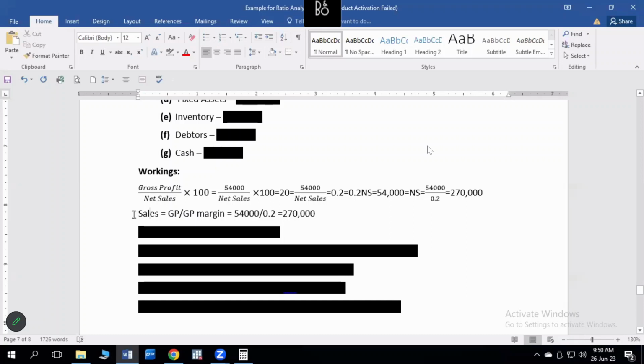So this is simply obtained like this here. Sales is gross profit over gross profit margin. So it is obtained in this way from the original ratio. So you must have this kind of knowledge, right? You must have this kind of knowledge.